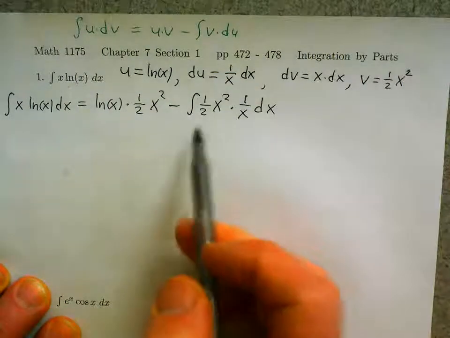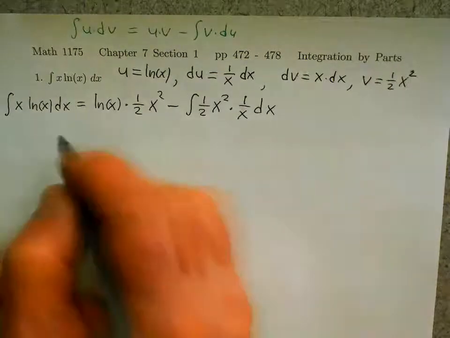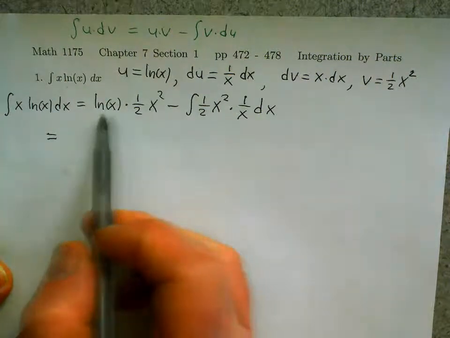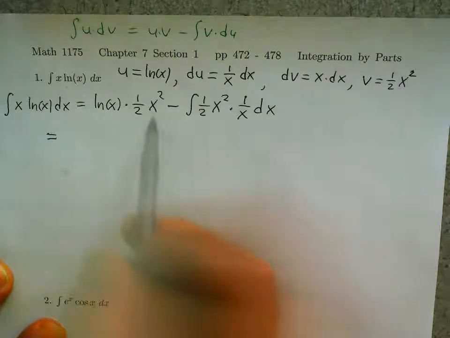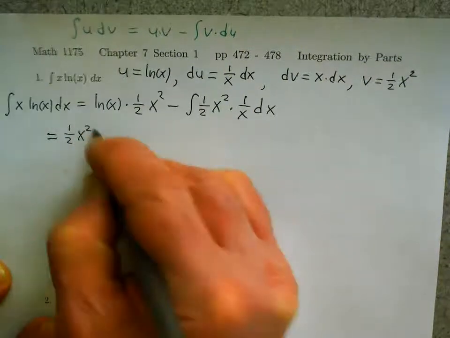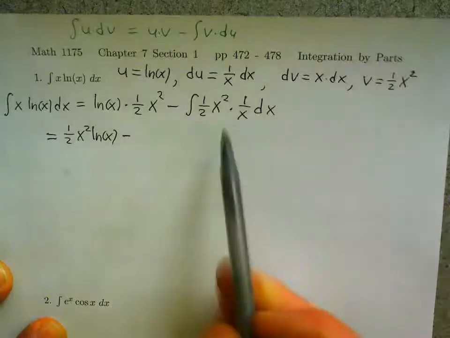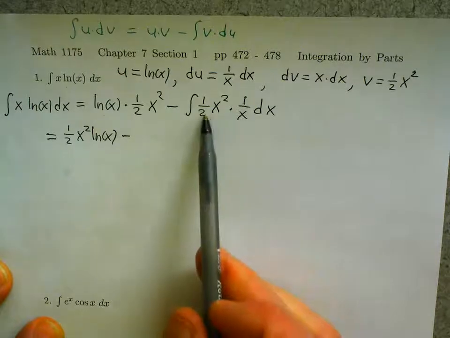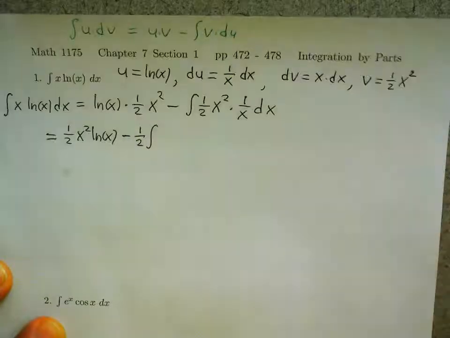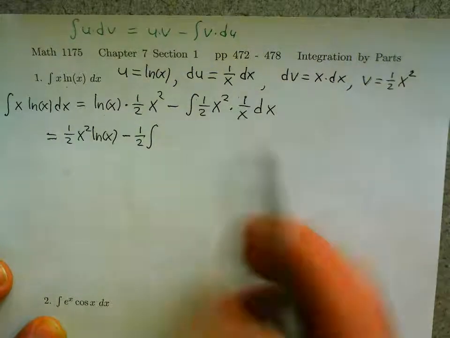So we have another integral to evaluate over here. For convenience, it's not required, this is an okay way to write what u times v is, but I'm going to write it as 1/2 times x squared times the natural log of x. And then this indefinite integral, I have a factor of 1/2, so I'm just going to bring the factor of 1/2 out in front of the indefinite integral, and then simplify x squared times 1 over x, which is just x.